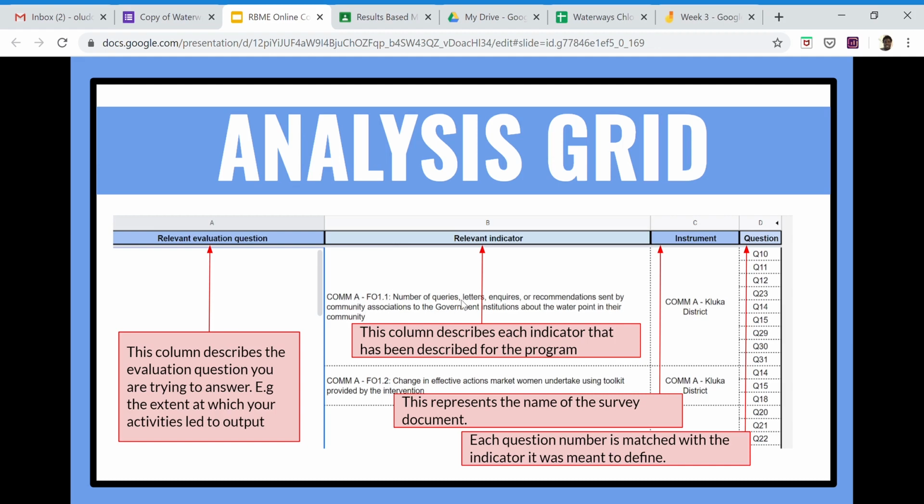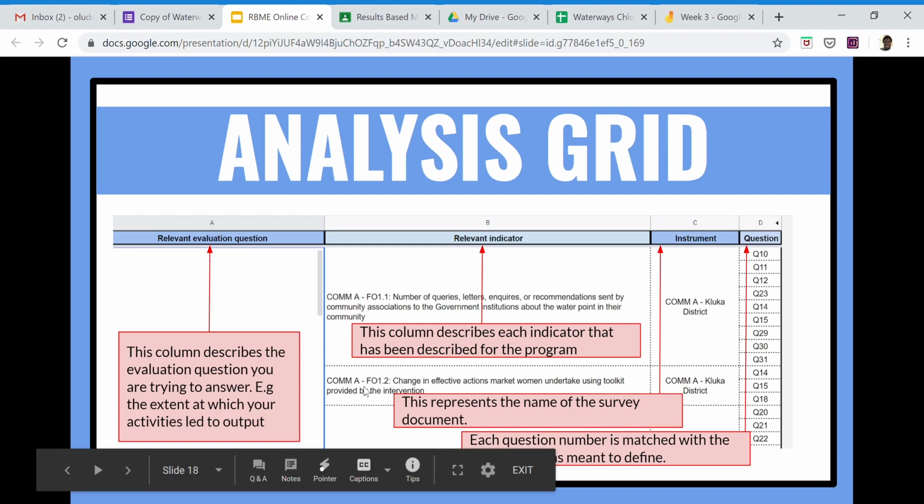What this means, for example, here, is that in community A there's going to be an output. So this is a final outcome, call it outcome indicator 1.1, or output if you want. That's what it means. If you have several, you can see the second one as final outcome 1.2: change in effective actions market women undertake using the toolkit provided.